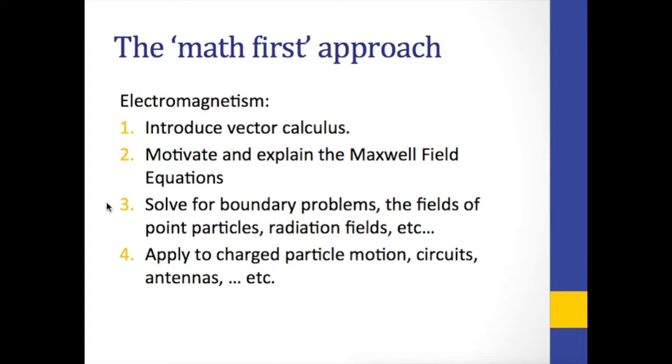Then we're going to look at boundary problems, fields of point particles, and radiation fields, applying what we've learned as examples. And then applying it to charged particle motion, circuits, and antennas, being able to predict how antennas will behave, how particle motion in a uniform electric field is going to behave, and how circuits behave, maybe looking at how resistivity might behave.